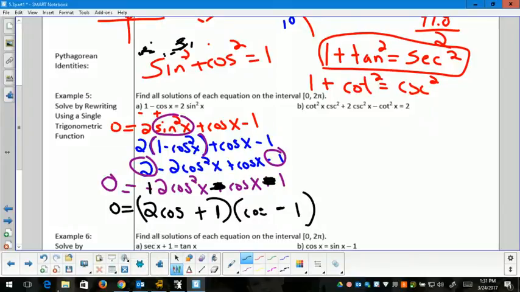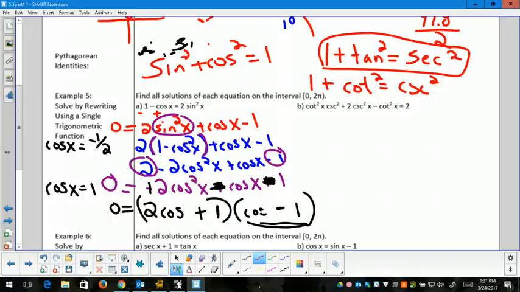So this one's going to give me cosine of x equals, I'm going to subtract 1 and divide by 2, so negative 1/2. This factor right here, if I have it equal to 0, is going to just be cosine of x equals 1. And those are on the unit circle, so we can evaluate them using the unit circle.